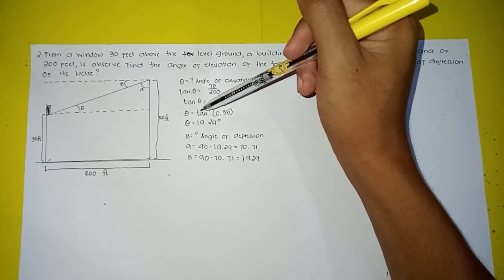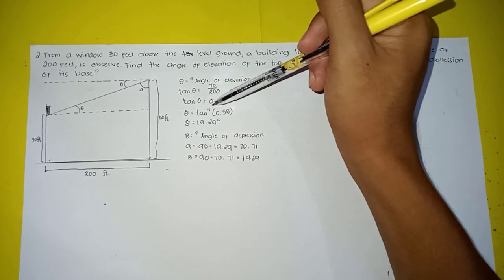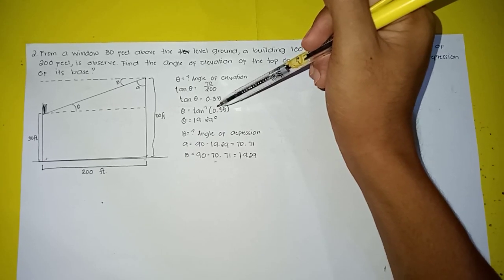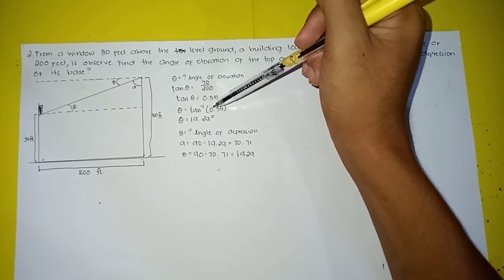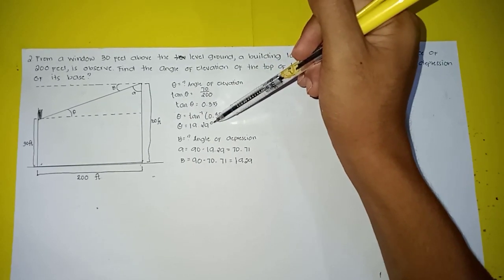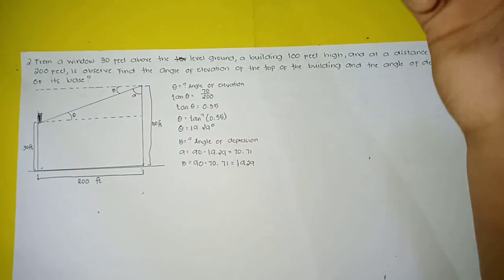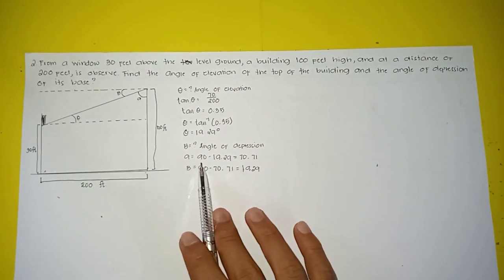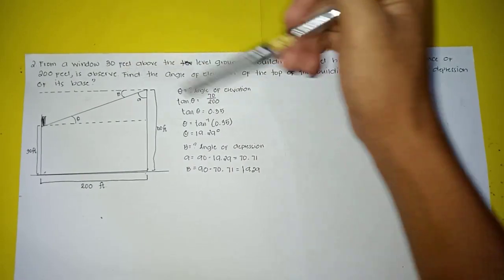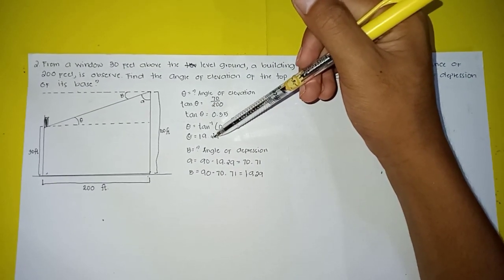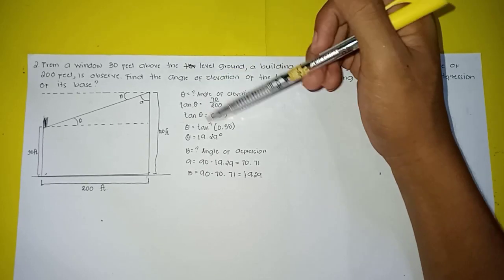So theta equals tan inverse of 0.35, which is 19.29 degrees. Then for the angle of depression, you'll have 90 degrees, and then you will subtract 19.29, which is our angle of elevation.